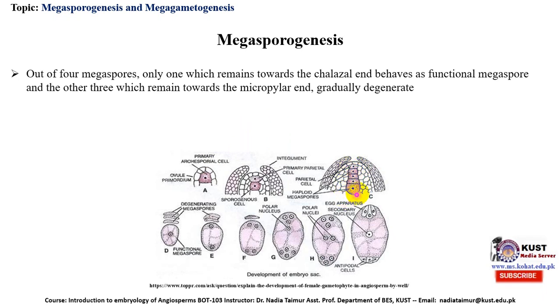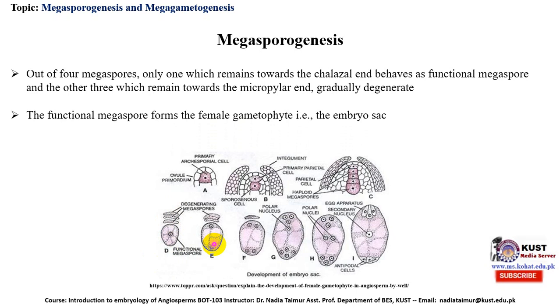Now this is the diagram of the axial row of haploid megaspores. Of these 4 megaspores, only one megaspore, which remains towards the chalazal end, behaves as a functional megaspore, and the other 3, which remain towards the micropylar end, gradually degenerate.